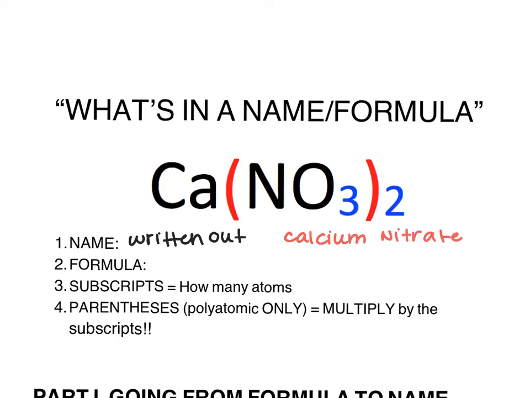So my name is just me writing out the metal in the first position and my non-metal in that second position. The formula is what I gave you above, where instead of writing it out, I'm using the 1 to 2 letters or the polyatomic, and I use that crisscross method. So when I'm doing my formula, that is when I have to do my crisscross.